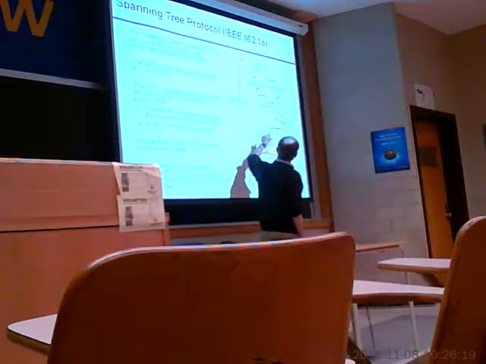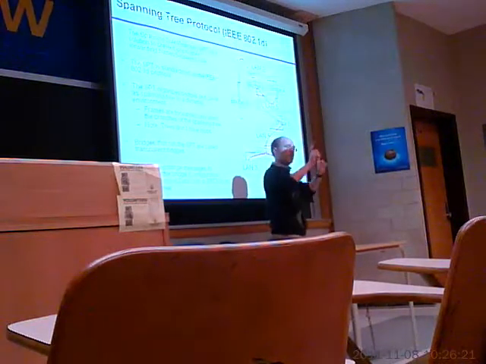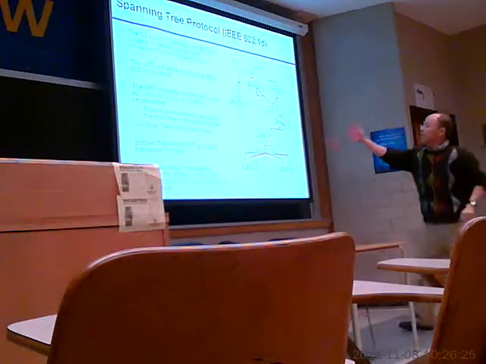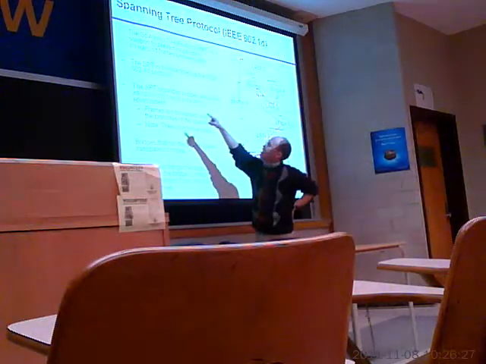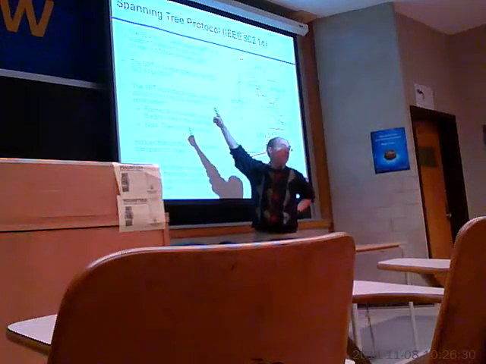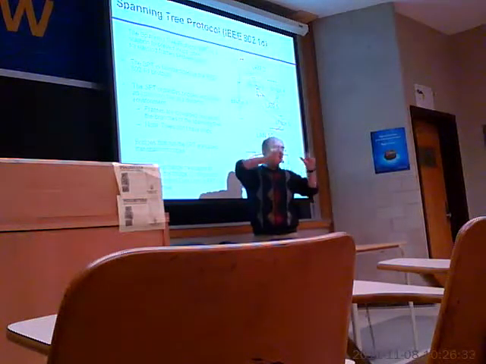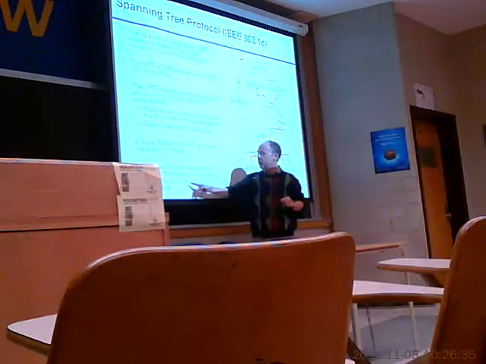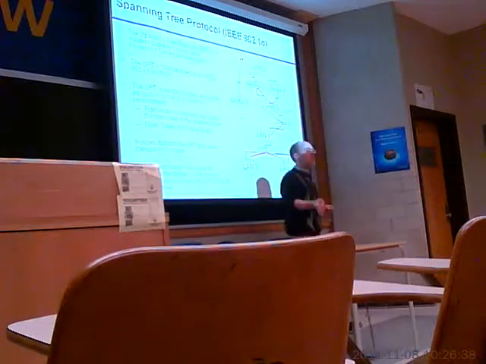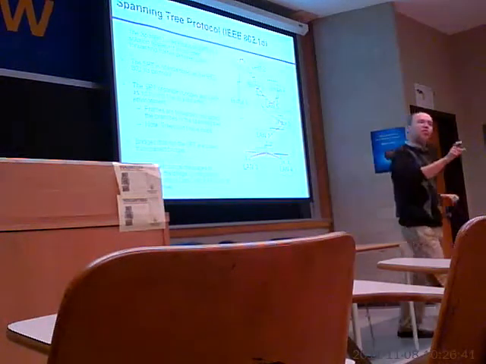The spanning tree is established using messages of the 802.1d protocol. That's the spanning tree algorithm. The messages being exchanged are called BPDUs, Bridge Protocol Data Units, and those are the packets we will be observing in the lab.